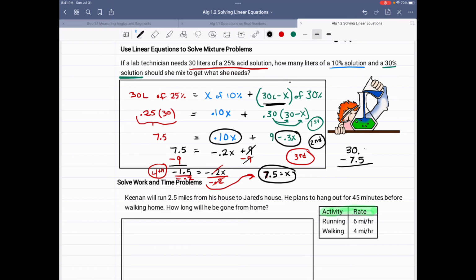And that's going to give us 22.5 liters of 30%. And so we should add right here 7.5 liters of the 10% solution.